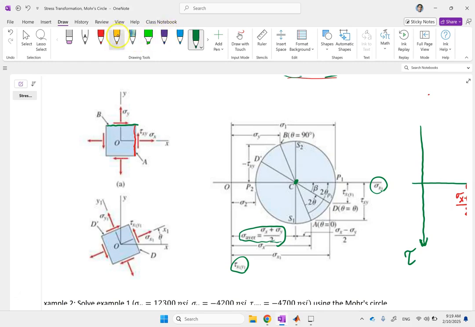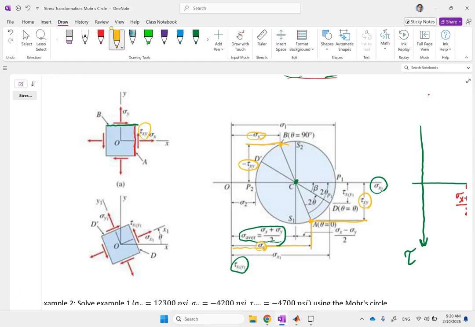If you do so, you see that sigma x and tau xy come here. This value is sigma x, and if you project this value here, that is tau xy. So you get plane A. For plane B, this distance is sigma y, and this distance here is negative tau xy because it's clockwise.